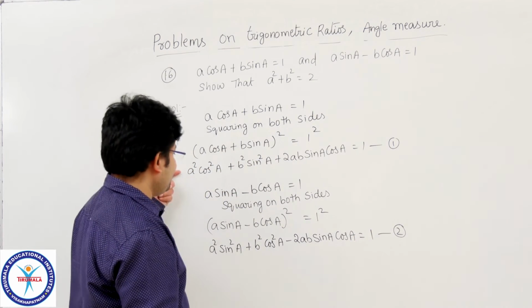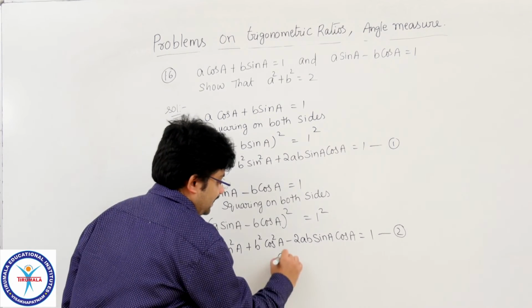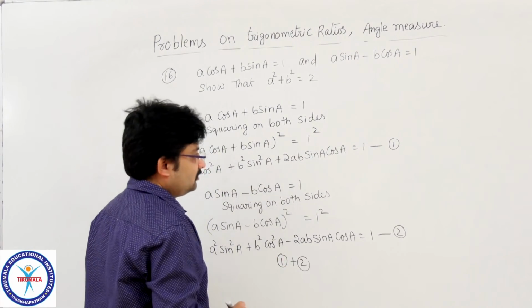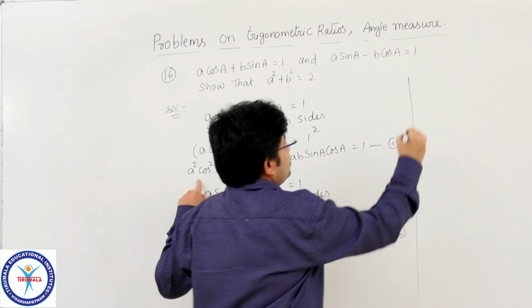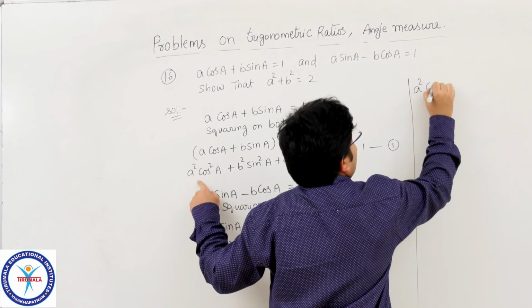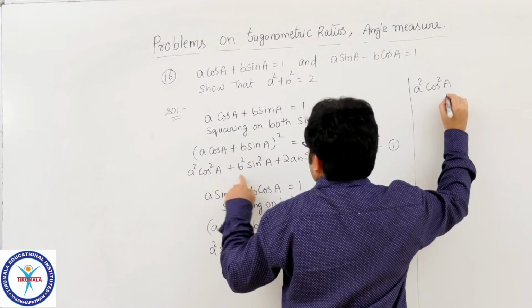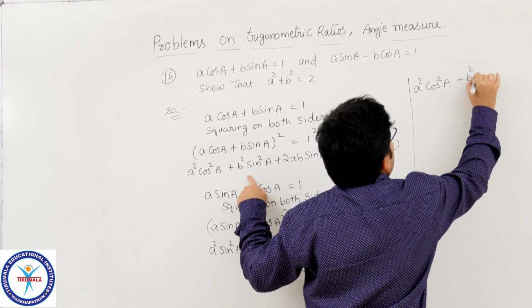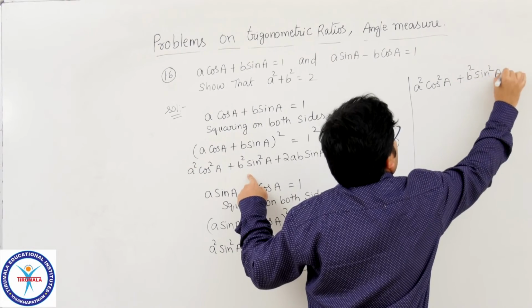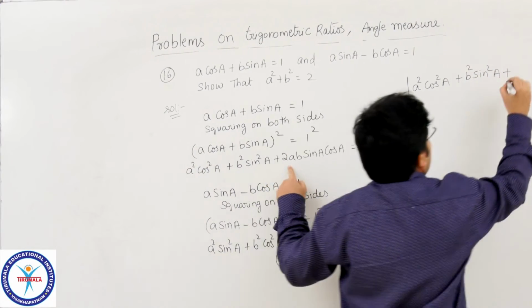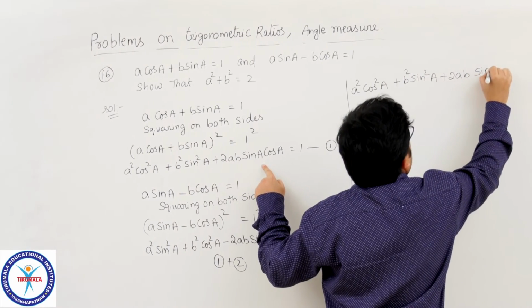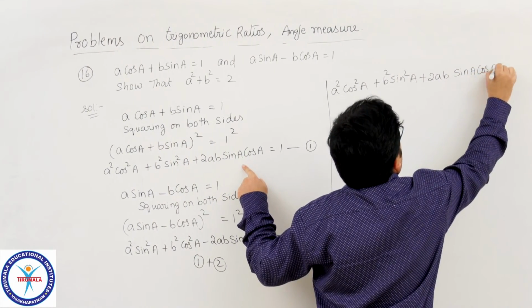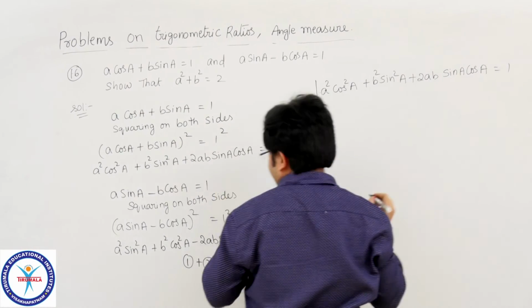Now let us add the first equation and the second equation. Then what happens here? a square cos square a plus b square sin square a plus 2ab sin a cos a is equal to 1.